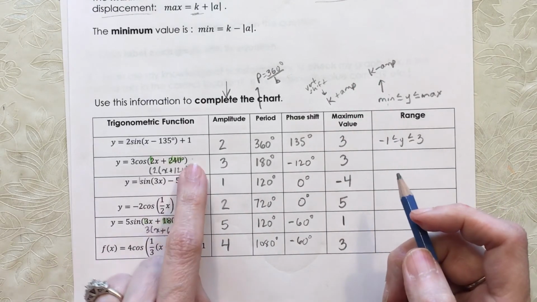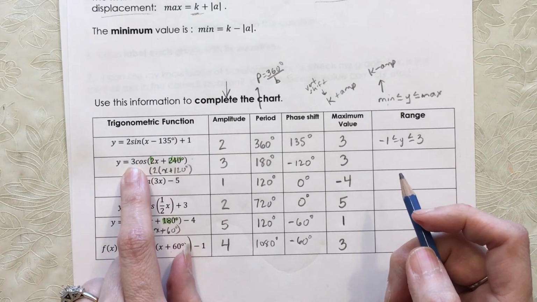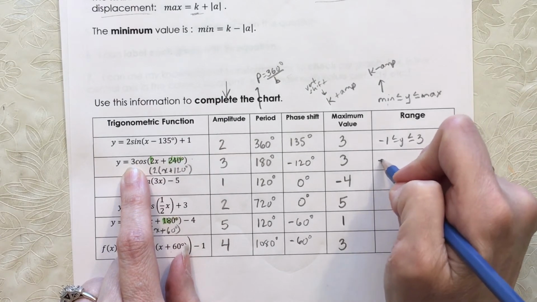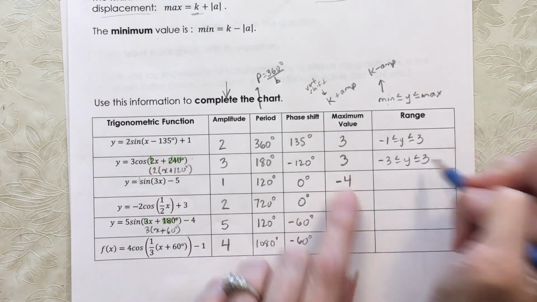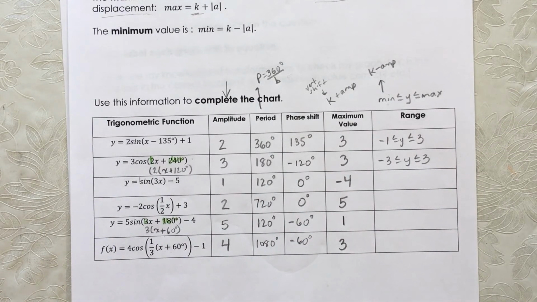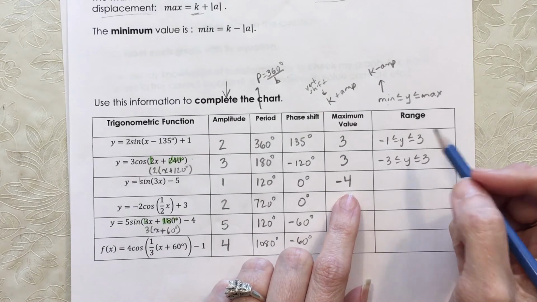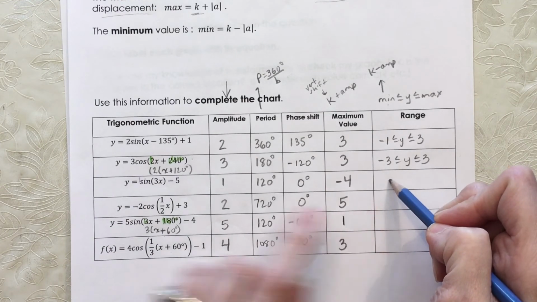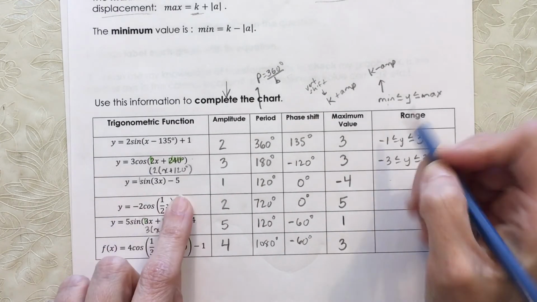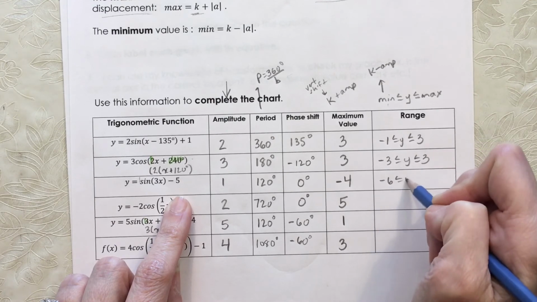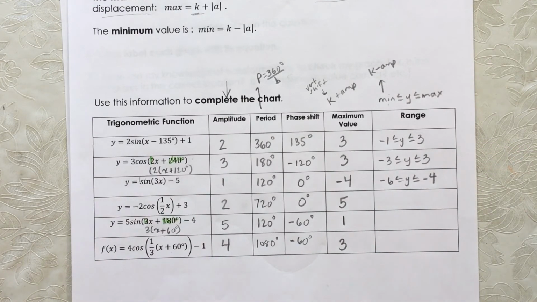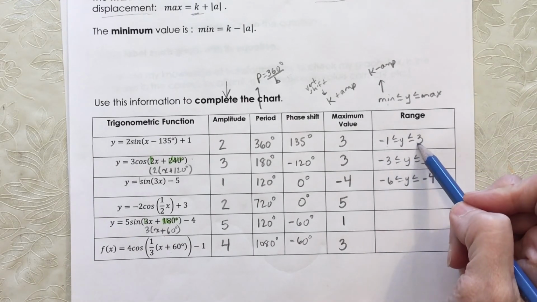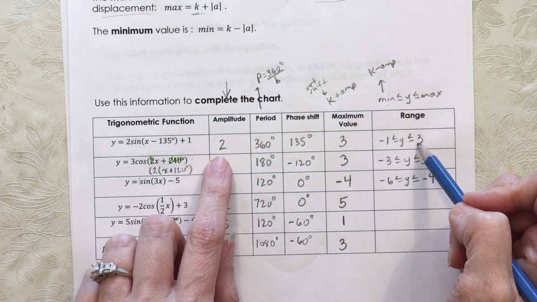Minimum, again, so the k is 0 minus the amplitude, so 0 minus 3 is -3 to my maximum. Range for this one, the minimum, so -5 minus 1 is -6 to my maximum. And the span of the range, so from -1 to 3 is 4, that should be always twice the amplitude.